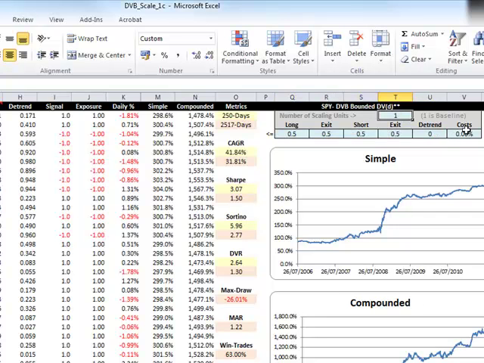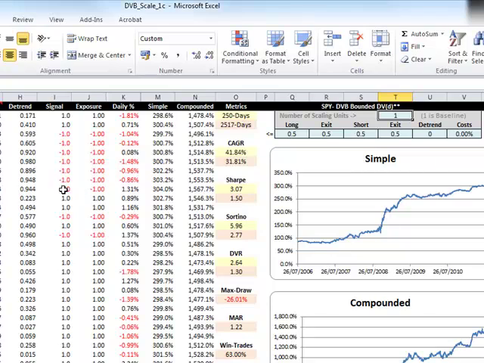What that means is that instead of taking one position on a trade, you divide your position up into a number of units. There are different types of scaling you can do, but in the simplest form, in this example, you scale in on the next day if the signal is still in the same position as the previous day.